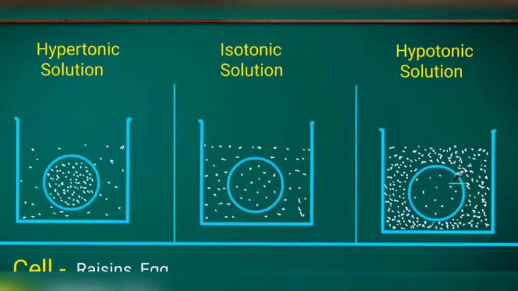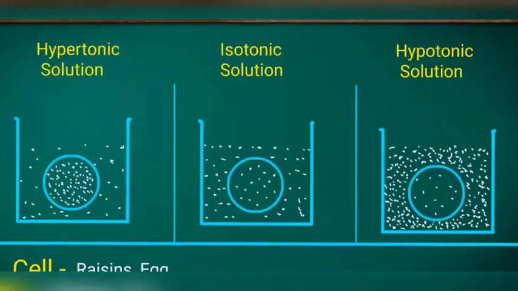The next one is the hypotonic solution. In this condition you can see in the figure, the solution concentration inside the cell is very low, while outside of the cell the concentration is very high.